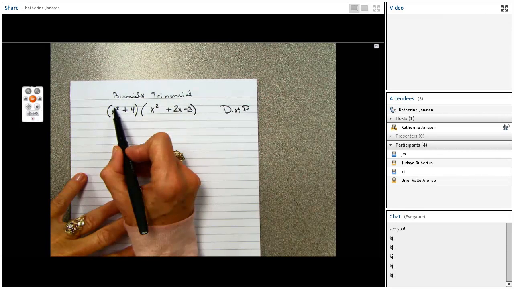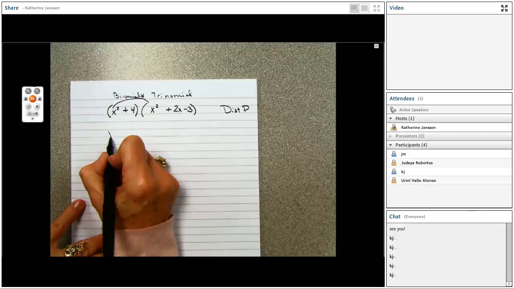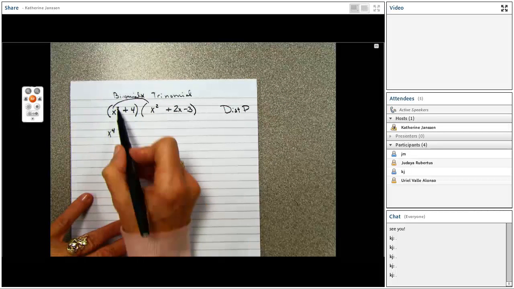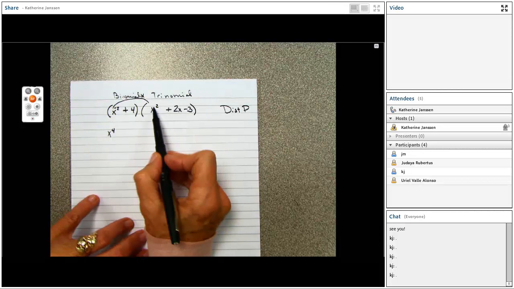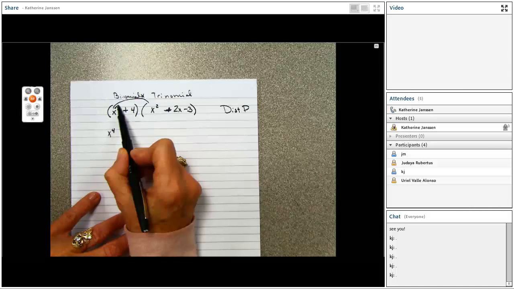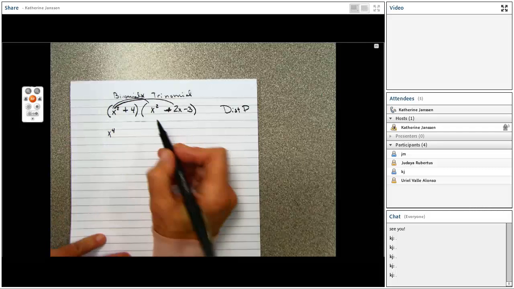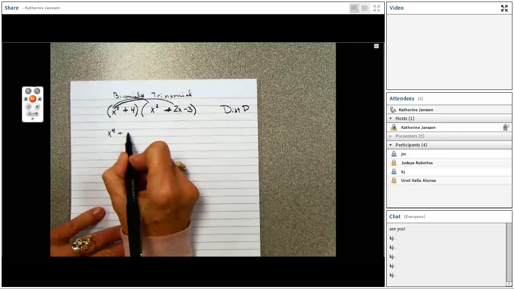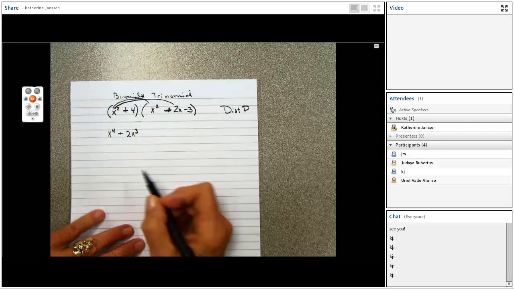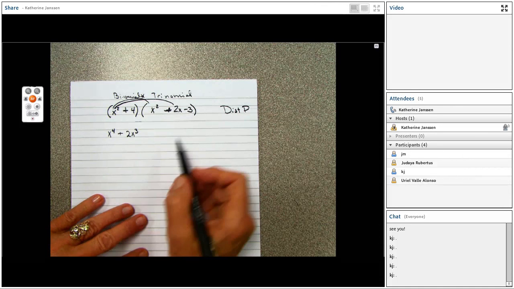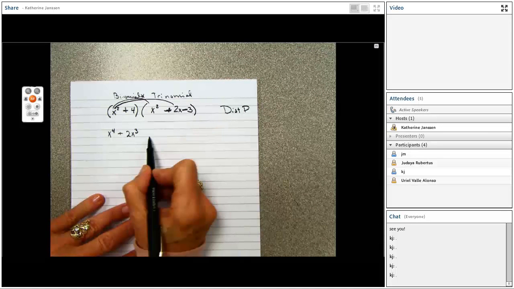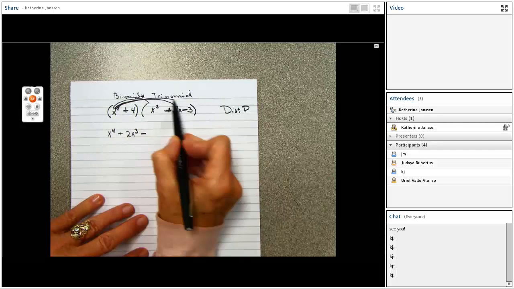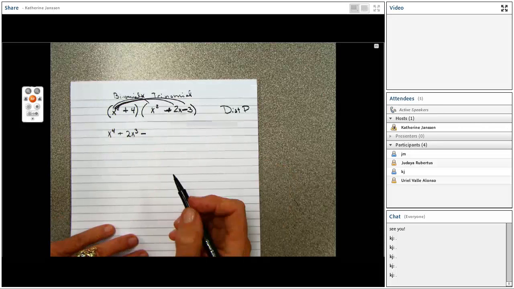So I have x squared times x squared would be x to the 4th. Pick up your sign. x squared times the next term would be 2x cubed. Pick up your sign and multiply x squared times 3.